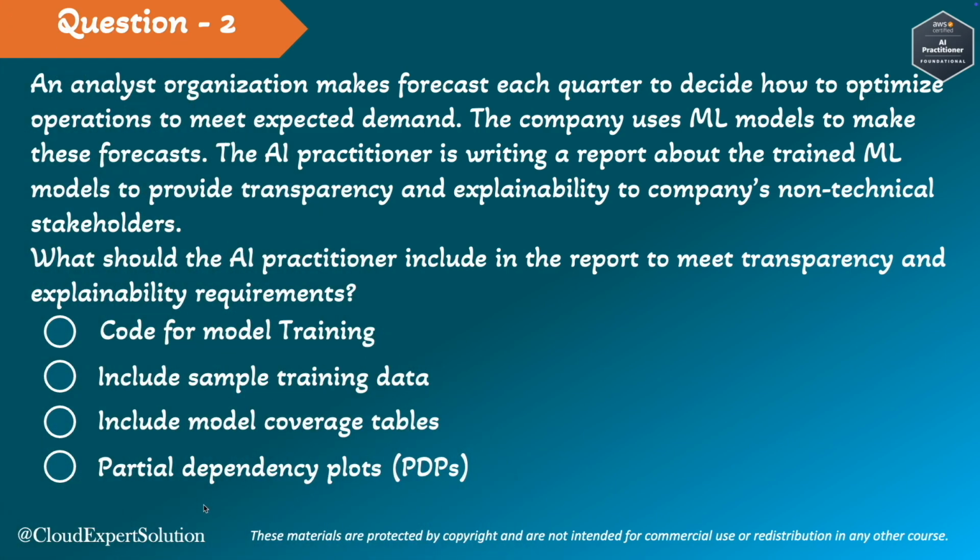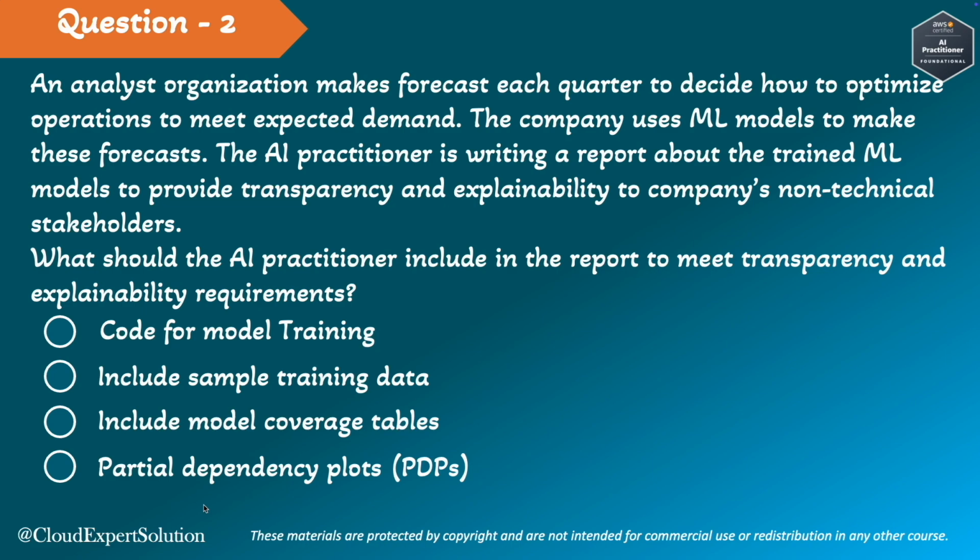Question number 2 is saying an analyst organization makes a forecast each quarter to decide how to optimize operations to meet expected demands. The company uses machine learning models to make this forecast.